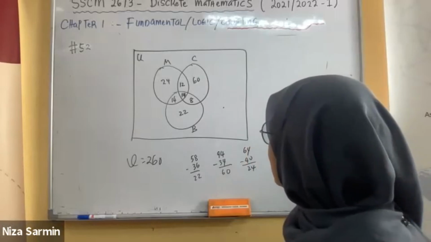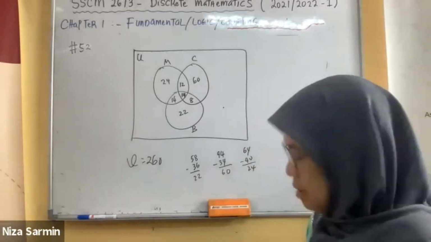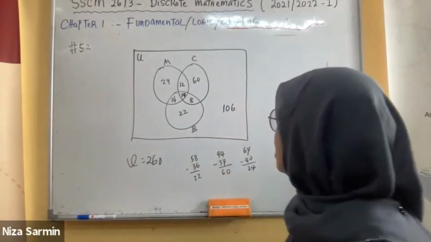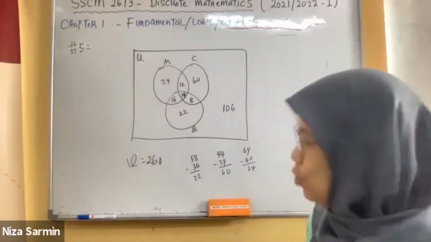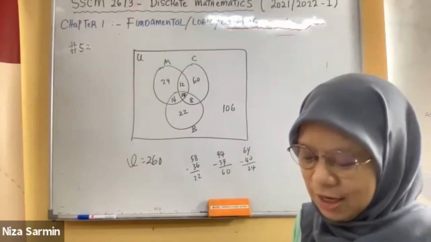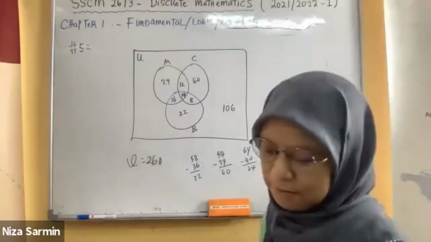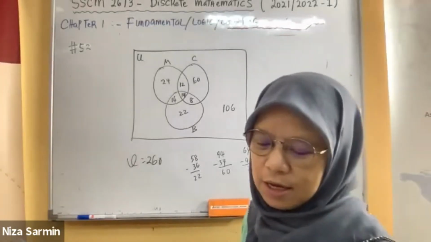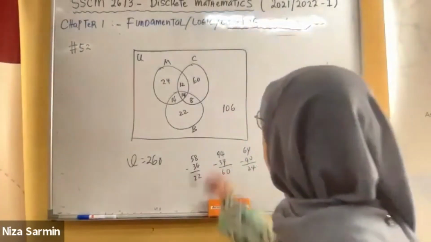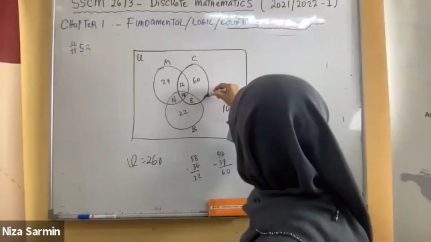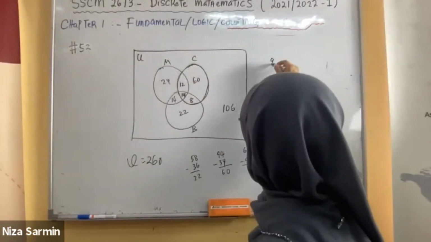106. Outside here, 106. You know how I can calculate quickly? Computer science is the largest, 94.